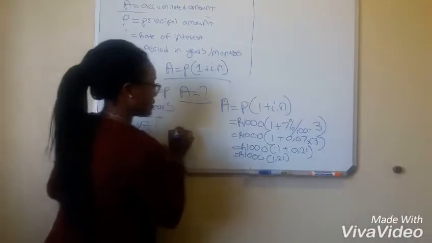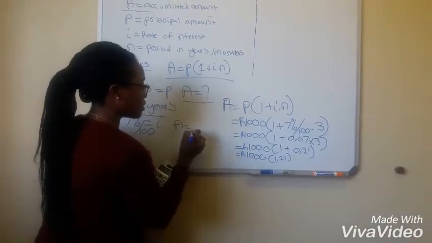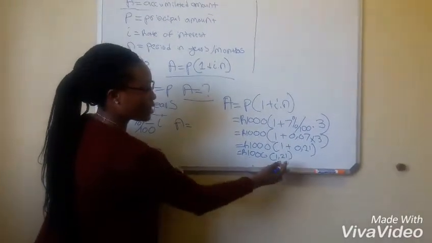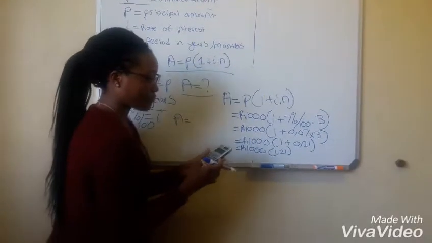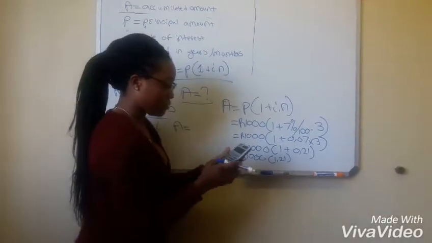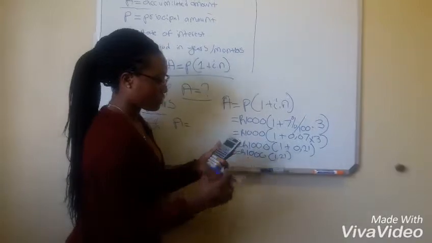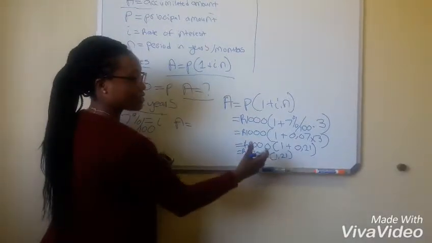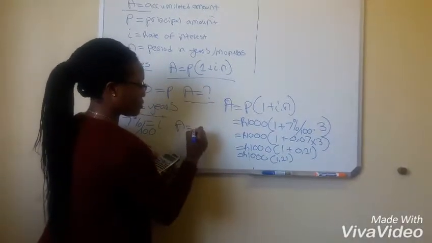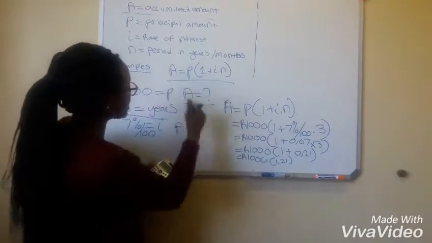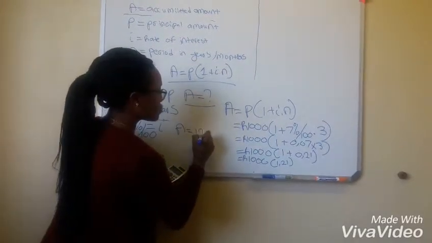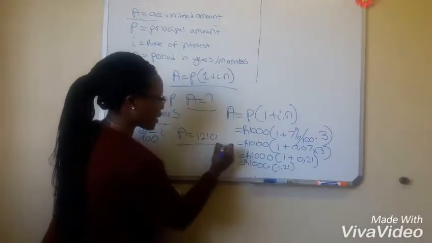And at the end, A is going to be equal to 1,000 multiplied by 1.21. Remember, if it's brackets, you multiply. So your accumulated amount is 1,210 at the end.